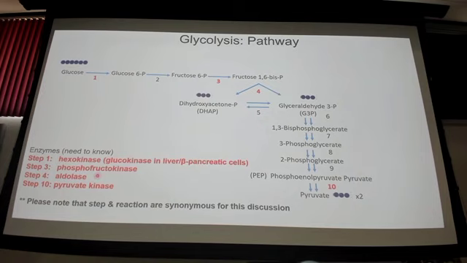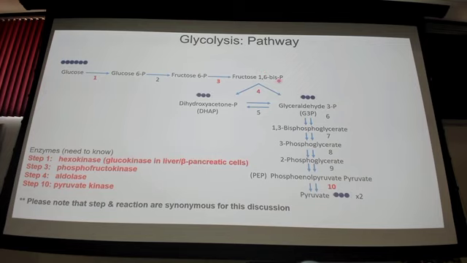So hexokinase, the first enzyme, converts glucose to glucose 6-phosphate. Then in the third step, fructose 6-phosphate is converted to fructose 1,6-bisphosphate by phosphofructokinase. Remember, this is an allosteric enzyme.